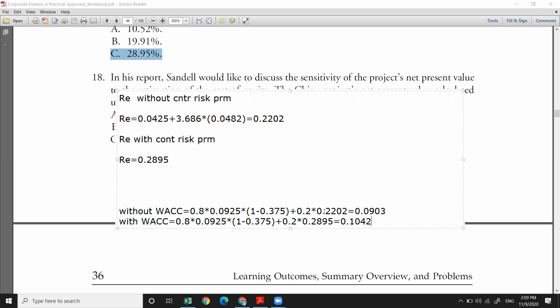This is what the WACC tells you. The more risk you take, the more you should be compensated. That's why it gives you a WACC higher than here. And with the country risk premium, the NPV is always lower because of the WACC. We know there is an inverse relationship between the WACC and NPV values.